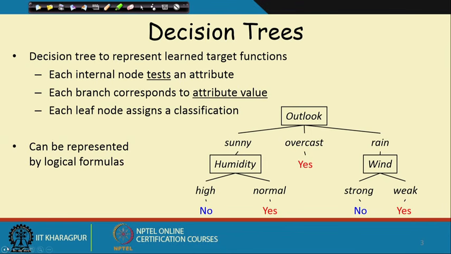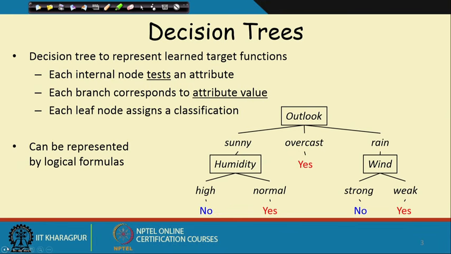And now, for each of these 3 branches, I can do one of the following 2 possibilities. Either I can ask a new question, test the value of another attribute. For example, in the branch sunny, I again ask the question, what is the value of the humidity attribute? Okay.